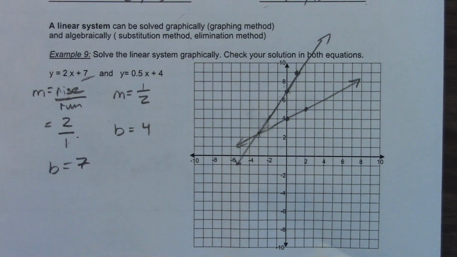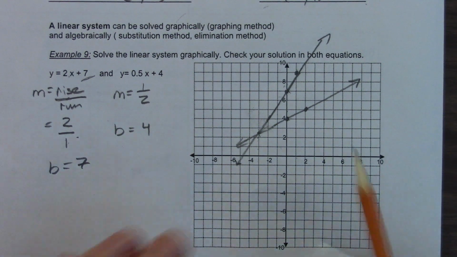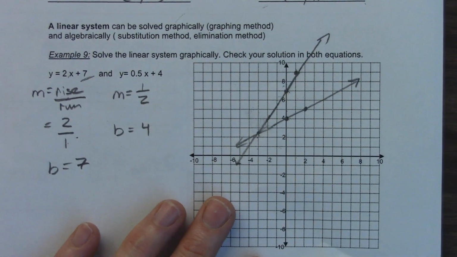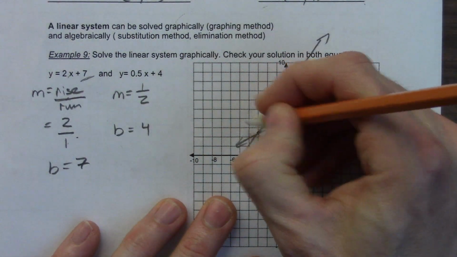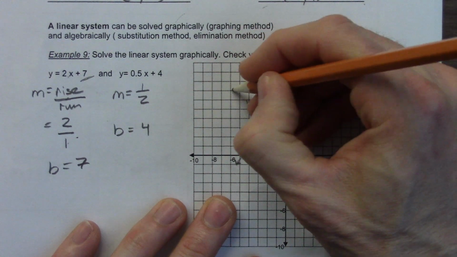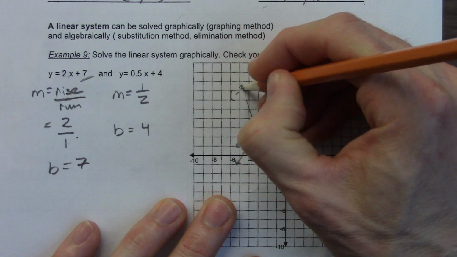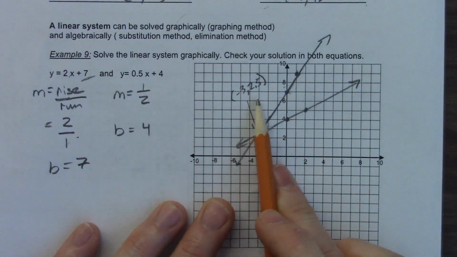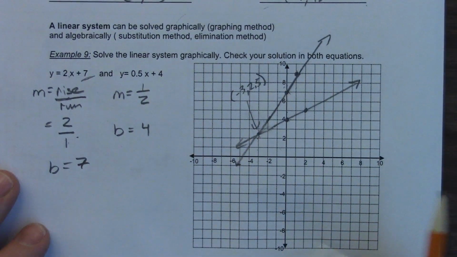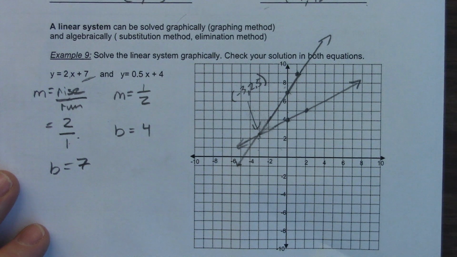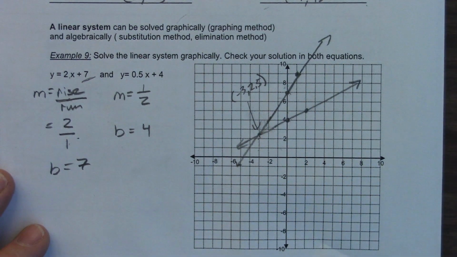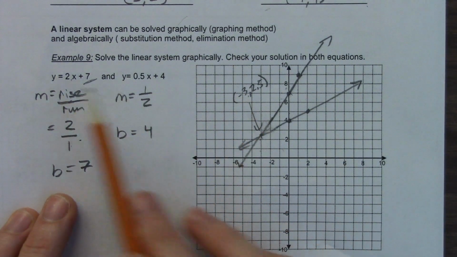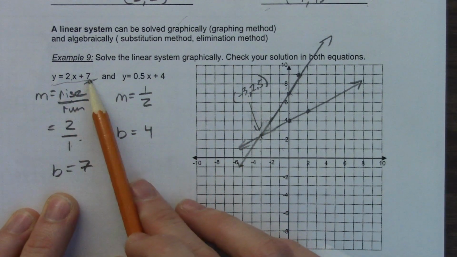Now, if I were to have drawn this with a ruler perfectly, I would be a lot more confident in that point there. I'm going to guess here. This point is minus 3, 2.5. That's my guess. But I'm actually going to solve it algebraically now, because it says check your solution in both equations. So one way to check would be to sub this into here, and we will check.